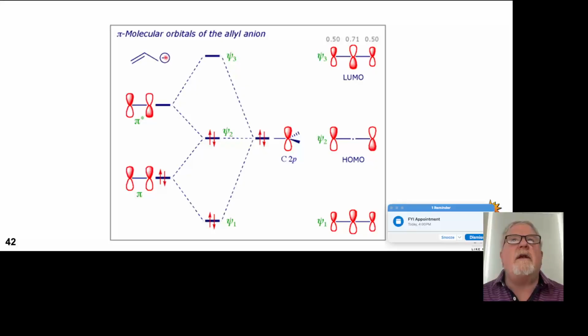So you have to be a little careful here. When you have an anion, you have to remember that the neutral system would be a radical, so we have to add an additional electron when we do our count. So we have 2 electrons in our pi bond, our double bond, and we have 2 electrons because we have to have 1 to form the radical and the second electron to make it an anion.